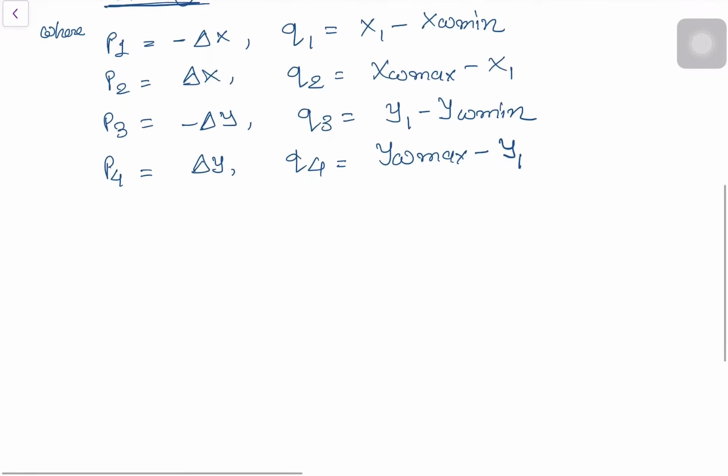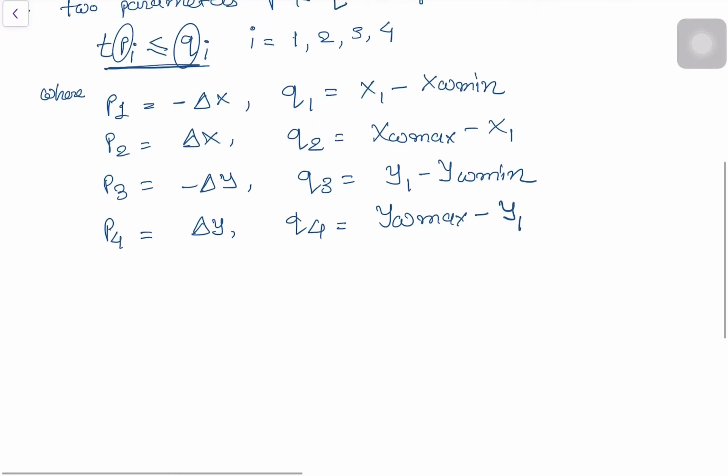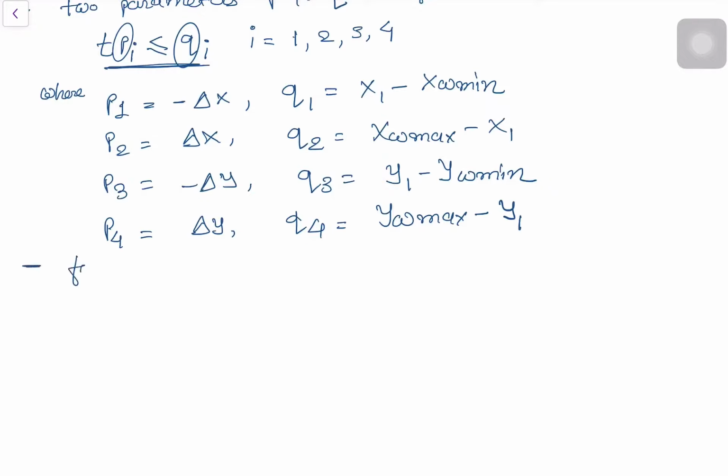The following observations can be easily made from the above definitions of parameters p and q.